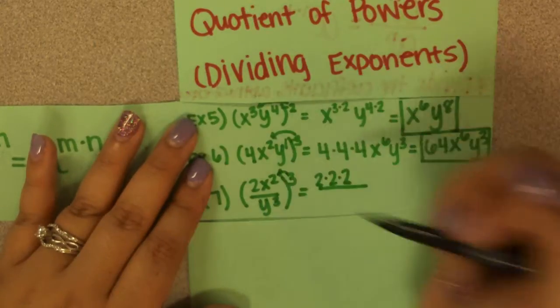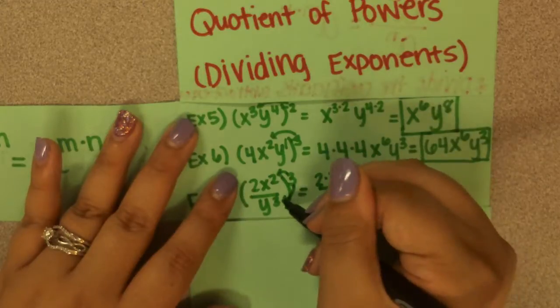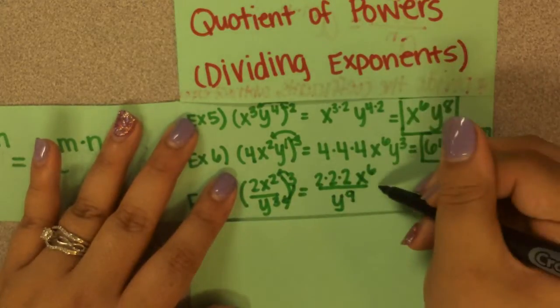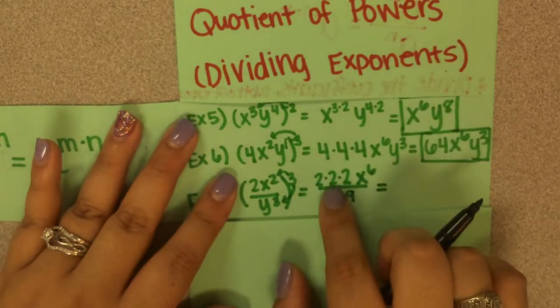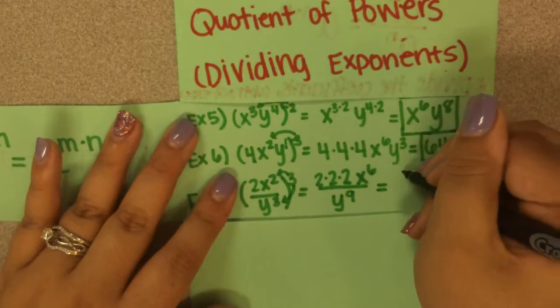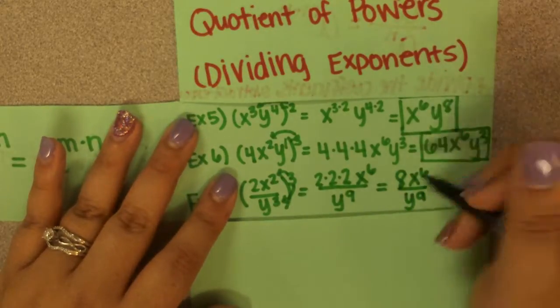And then I can distribute, and that becomes 6. And also on the bottom, be careful, what's 3 times 3? 9. So 2 times 2 times 2 is 8x to the 6 over y to the 9.